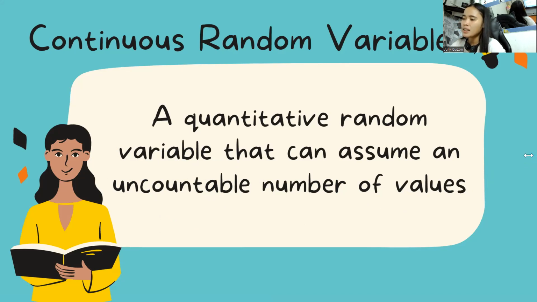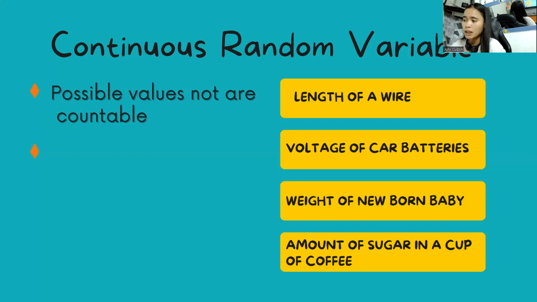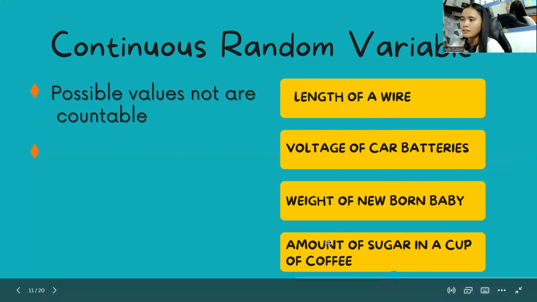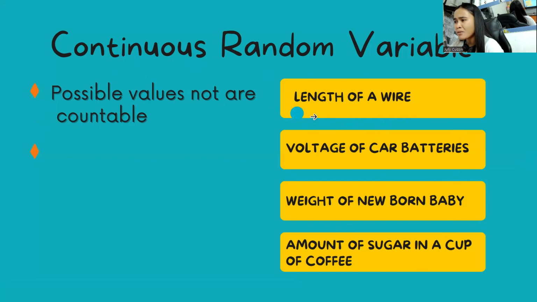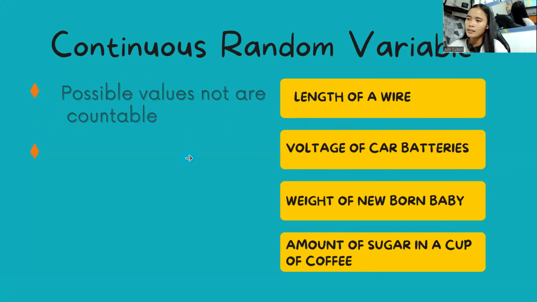Let's have some examples to visualize it. For the continuous random variable, let's say the length of a wire. Since it says length of a wire, do we know what length was used? No. It is unpredictable. It is not a fixed number.